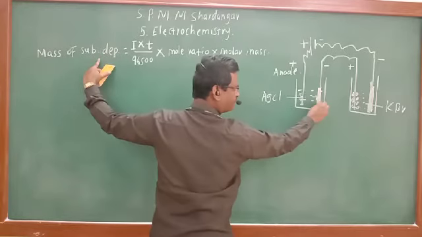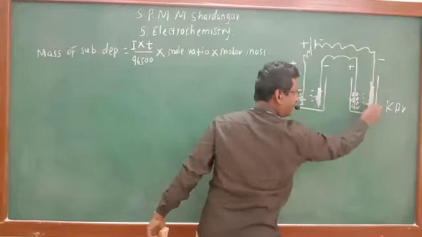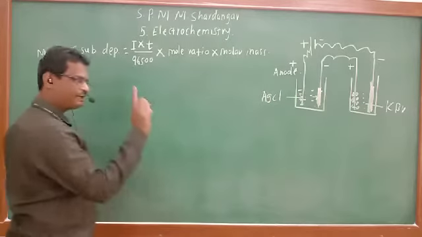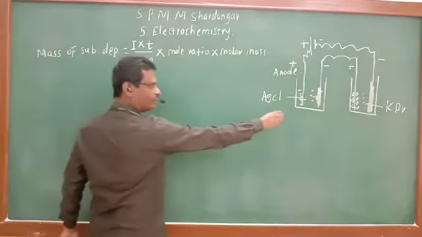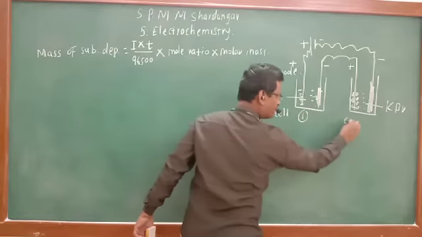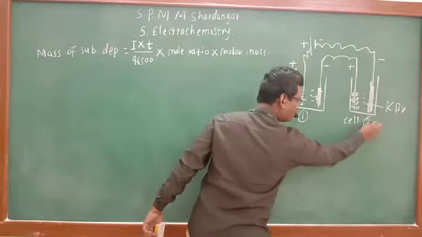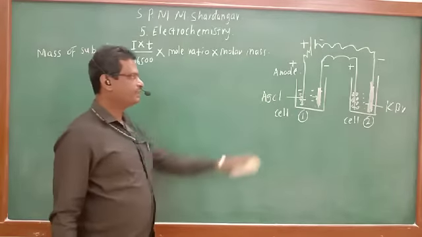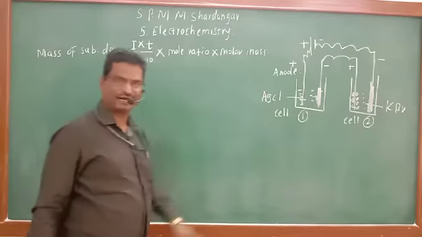Mass of silver. What is deposited here? Potassium, mass of potassium. So, let us see it one by one. We will consider this as cell 1 and this as cell 2. Here AgCl is taken, there KBr is taken.